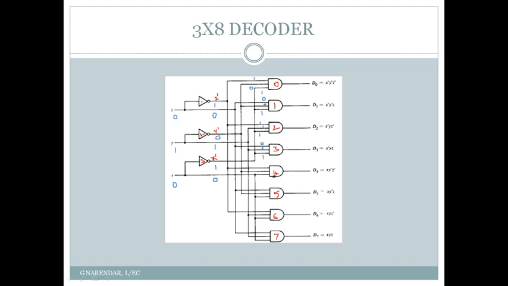And for the fourth AND gate, the inputs are z bar equal to 1, y bar equal to 0, and x, which is also equal to 0.